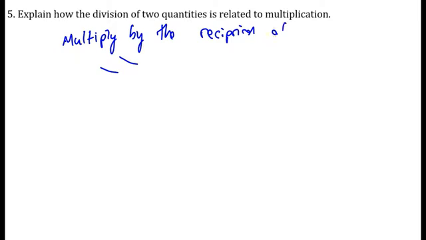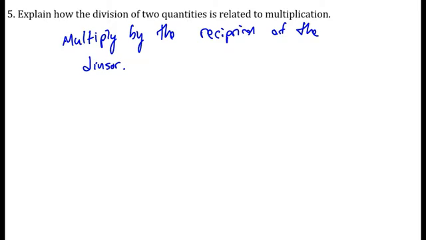Number 5. Explain how the division of two quantities is related to multiplication. This is such an important idea for dealing with division of rational expressions. If I divide two quantities, I can multiply by the reciprocal of the divisor.